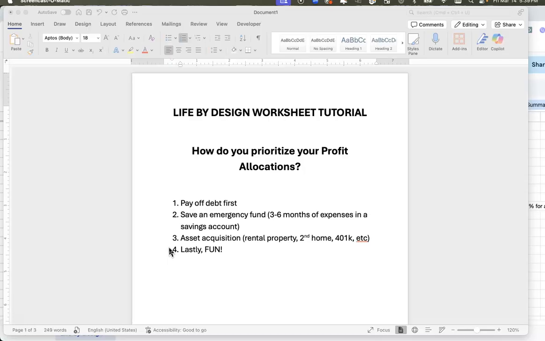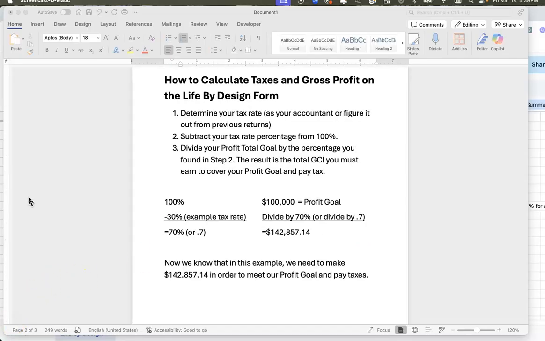Next, we're going to talk about how to calculate the amount of money we need to set aside for tax. How do we calculate the amount of money we need to set aside to pay taxes on our gross profit? Step one, we're going to determine our tax rate. You can ask your accountant or figure it out from your previous tax returns.